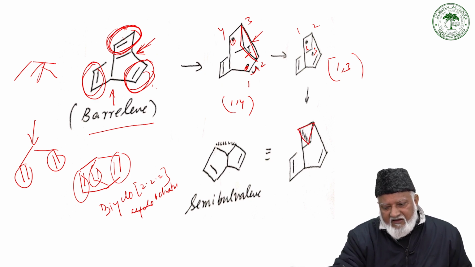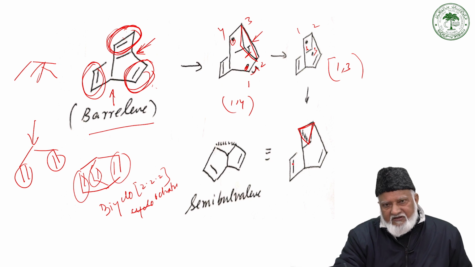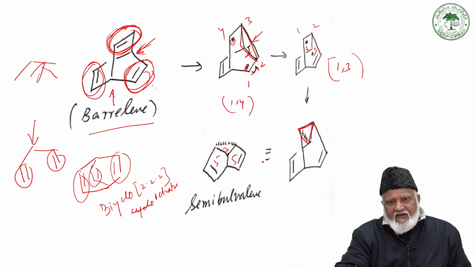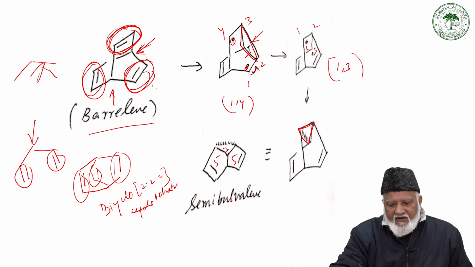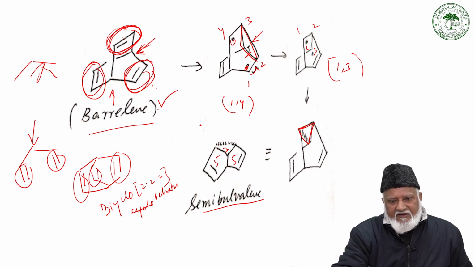So the cyclopropane ring is formed after the rearrangement, and if you write this structure in a better way, it looks like this: two 5-membered rings with a 3-membered ring. So this is the product after the di-pi-methane rearrangement of barrelene.